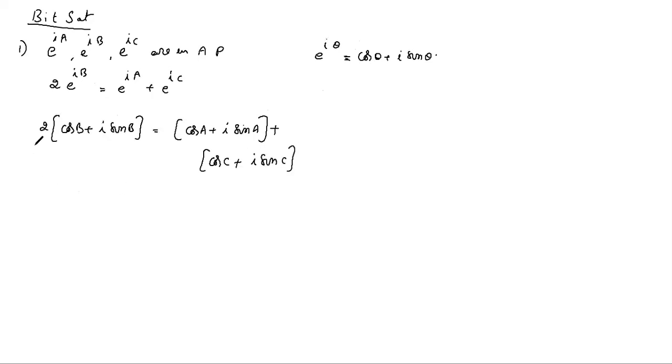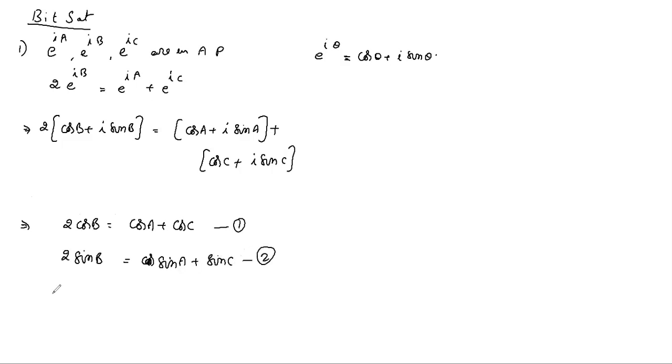So by comparing like terms, meaning real part and imaginary part separately, we get real part 2 cos b on the left side and the right side is cos a plus cos c. Let it be 1. Similarly 2 sin b, the imaginary part, equals sin a plus sin c. Let it be 2. We have to solve the two equations.